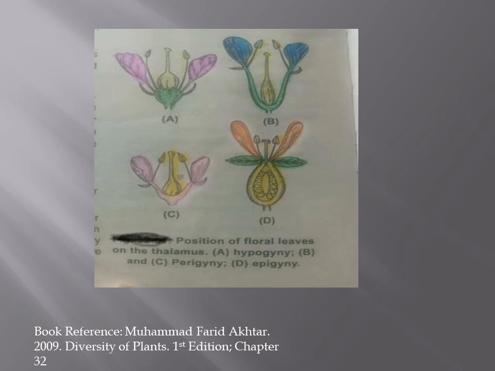B and C indicate the perigynous condition where the half inferior and half superior ovary is present. While D is the epigynous condition where the inferior ovary is present while the other floral parts are superior. So these are the differences between hypogyny, perigyny and epigyny based upon the position of the ovary.